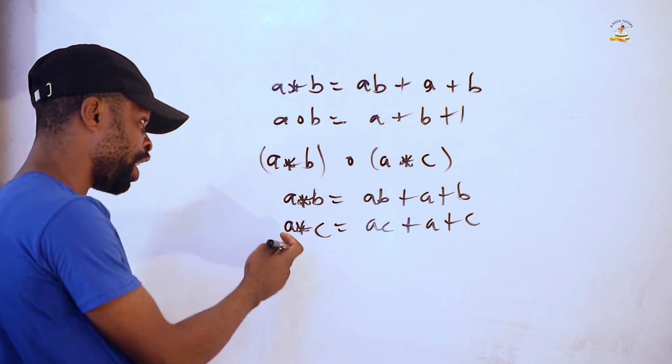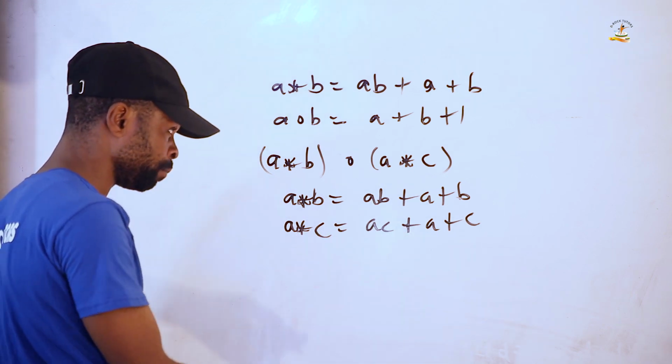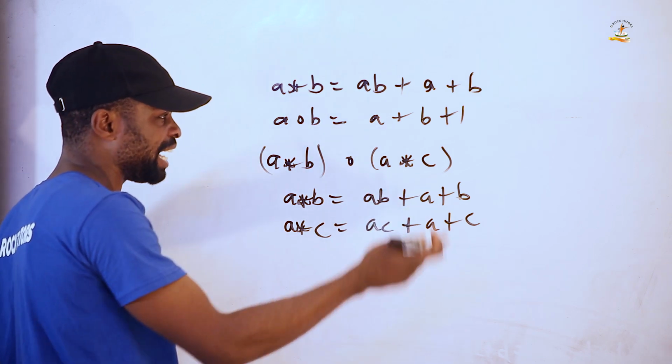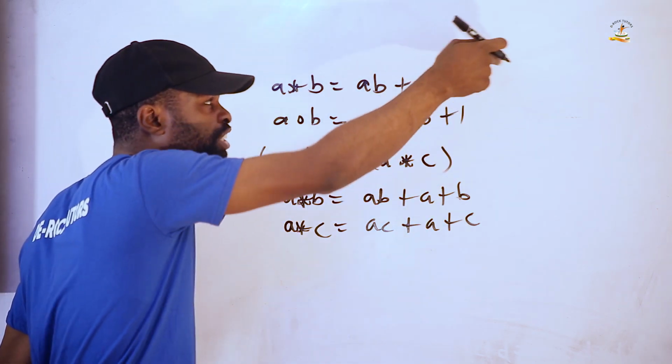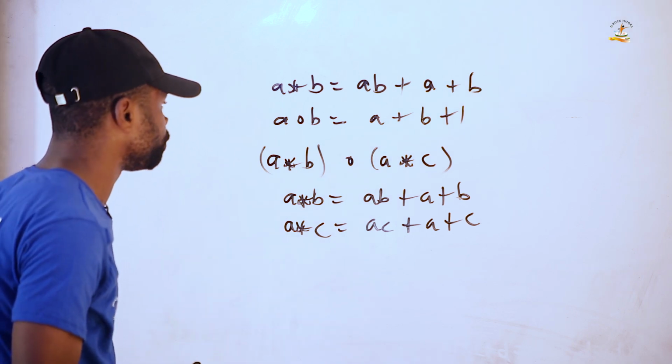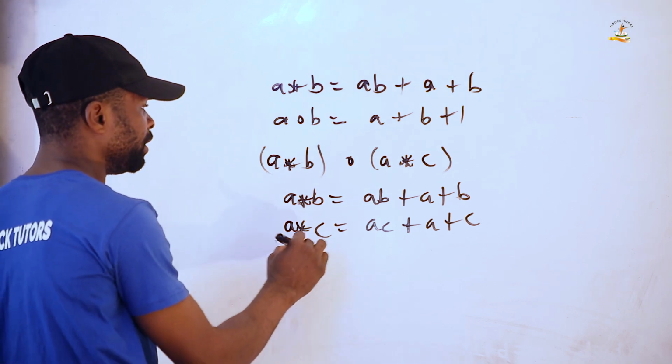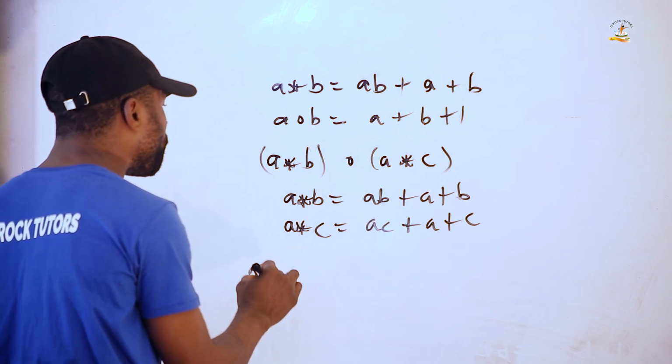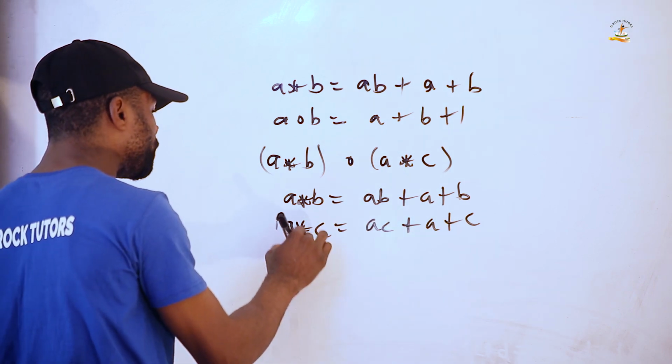So in this case, A asterisk C is the product of A and C. We add A and we later add C so that it will conform to the command given to this particular operation. A asterisk C is given, then we now want to operate A asterisk B, operation A asterisk C.